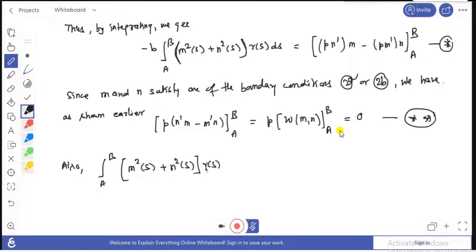So this is a non-zero term, a summation of two square terms, which is never 0 in this closed interval ab.